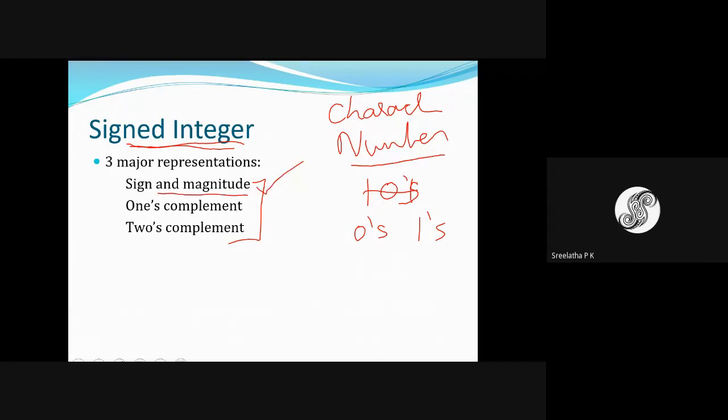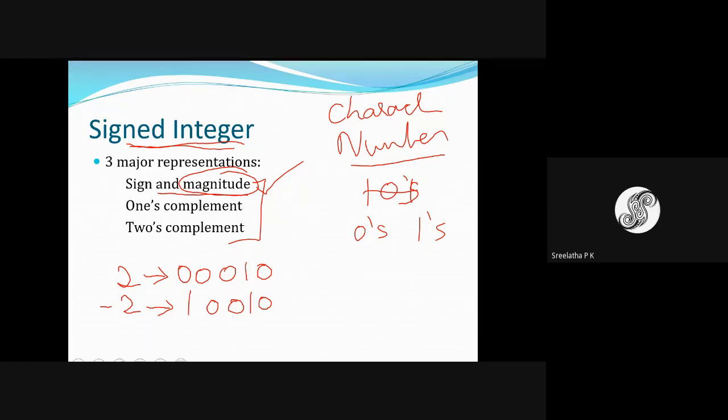In the sign and magnitude system, the magnitude part is how the value is represented. Now 2 I am representing like this: 0010 is 2. And in sign and magnitude, if I want to represent -2, I store this magnitude value and the most significant bit is stored as 1.